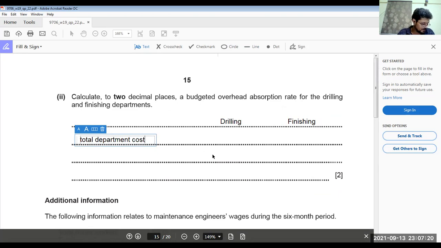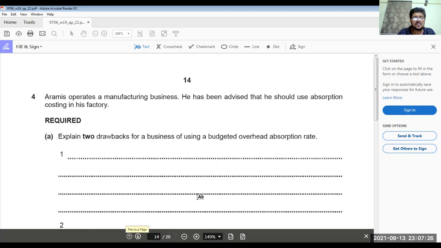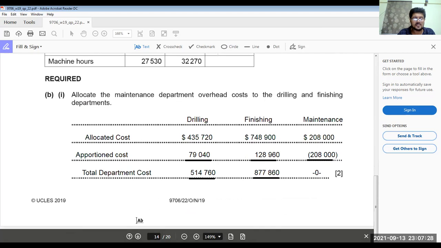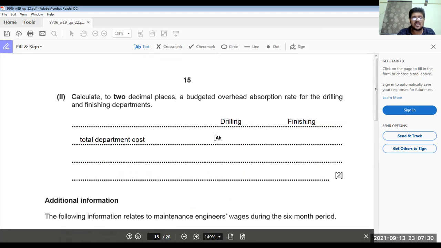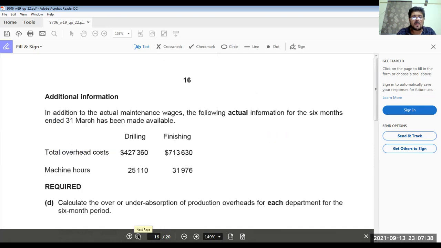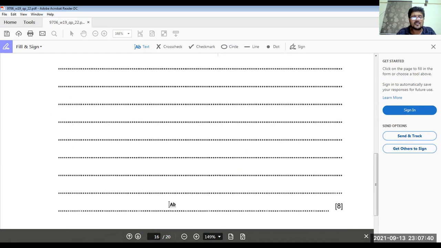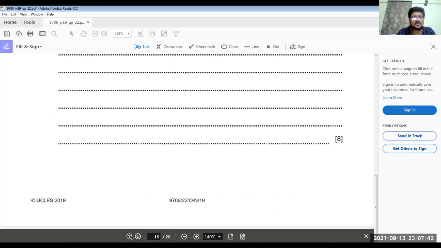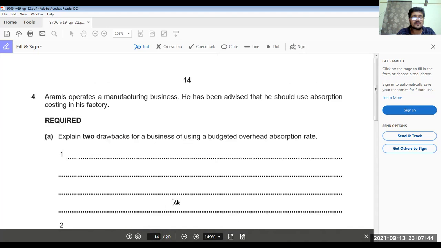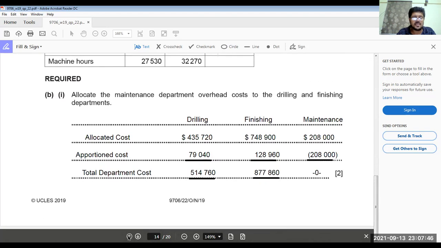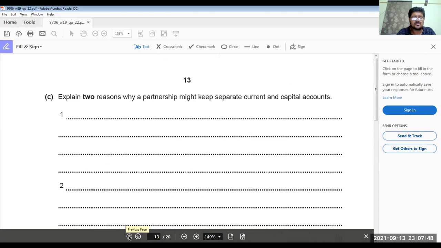Drilling is 514,760. And finishing is 877,860.